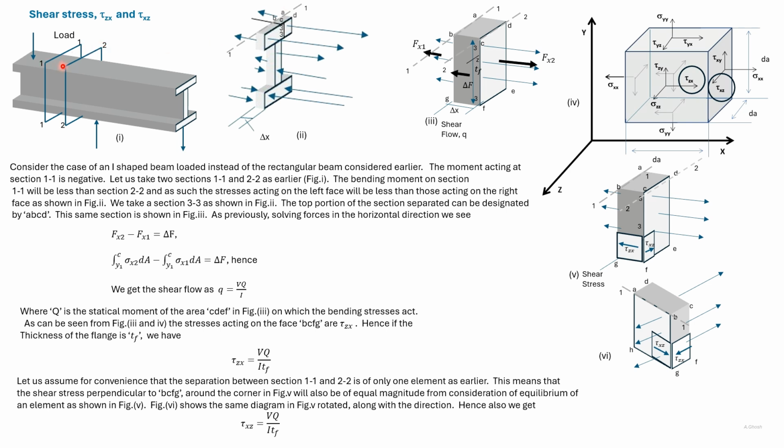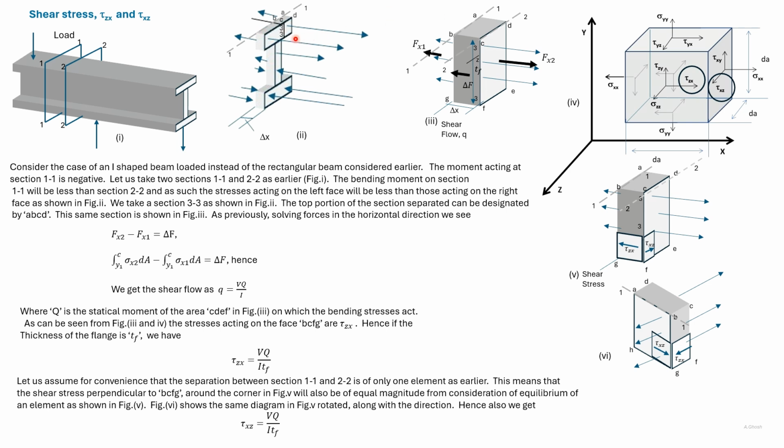Sections 1-1 and 2-2 are subjected to negative bending moment, and the bending moment in section 2-2 is larger than that of section 1-1. We have isolated the portion between sections 1-1 and 2-2 as shown here. Then the stresses acting on the right side will be larger than the stresses acting on the left side.